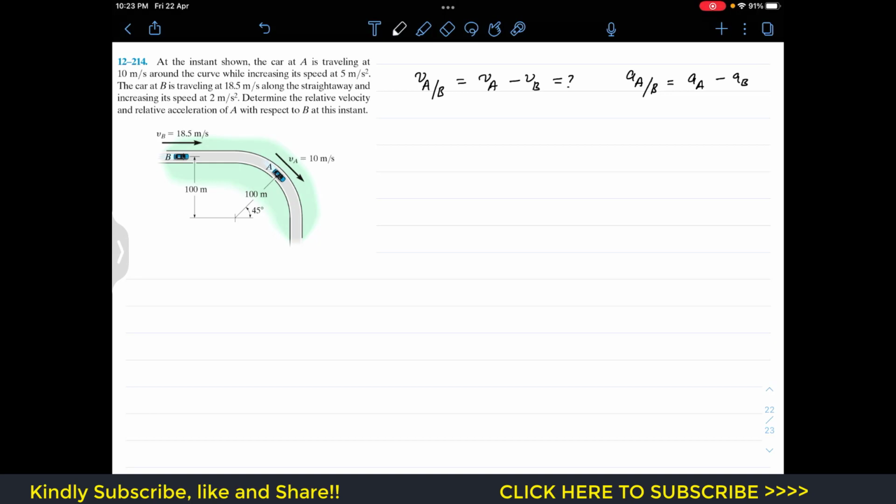So the graphical analysis is by head to tail rule, we can find VA minus VB. Now as we can see, VA is in the tangential direction. This VA is tangent to this curve, right? So if we draw a line, this is the radial line, so the velocity is tangent like this.